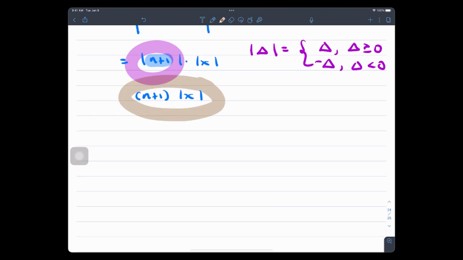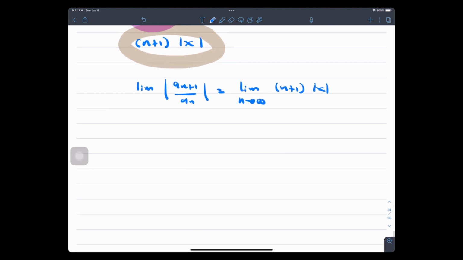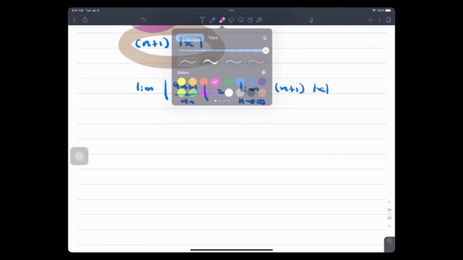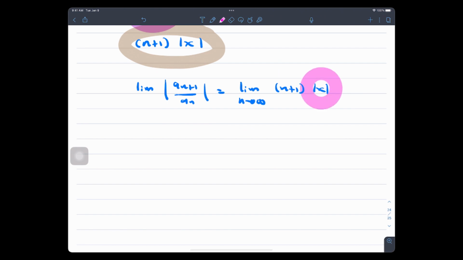And that's what you're going to have to take the limit of now. So the limit of the ratio here is the limit of (n plus 1) times the absolute value of x. This portion, the absolute value of x, you can think of as a constant, because the variable you're taking the limit of is this n here.